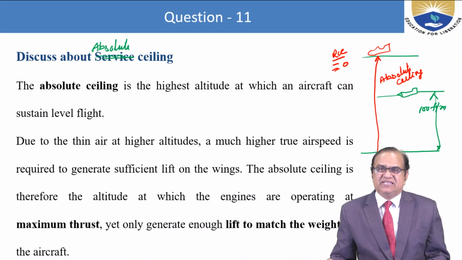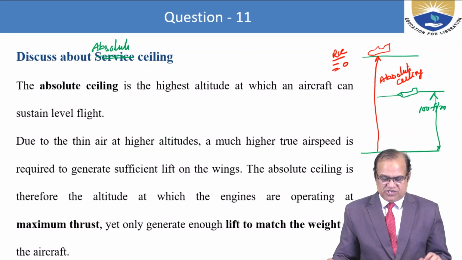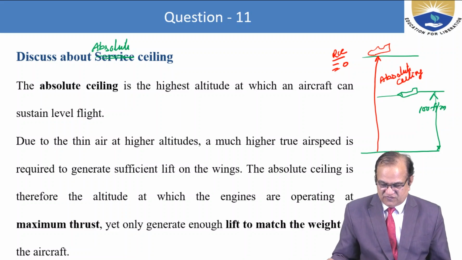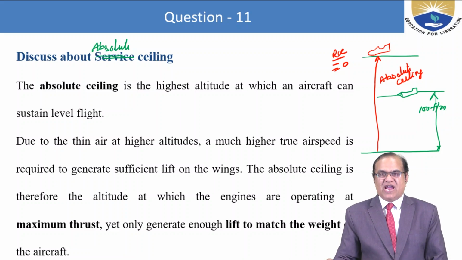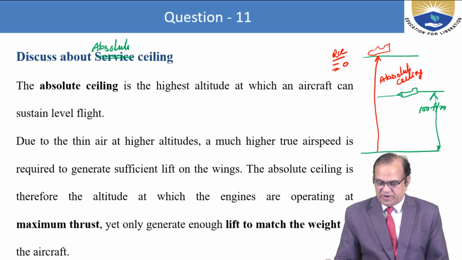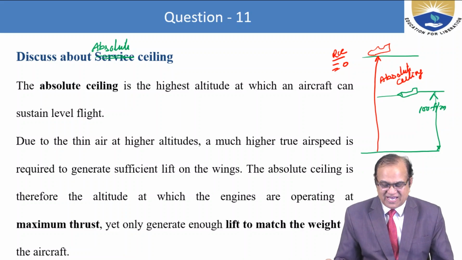Due to the thin air at a higher altitude, a much higher true airspeed is required to generate sufficient lift on the wing. The absolute ceiling is therefore the altitude at which the engines are operating at maximum thrust, yet only generate lift to match the weight of the aircraft.